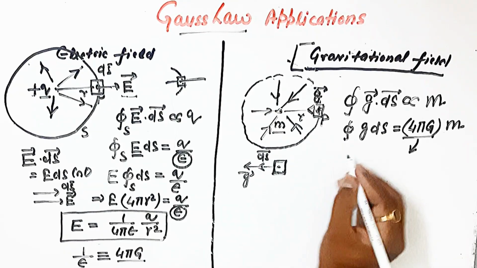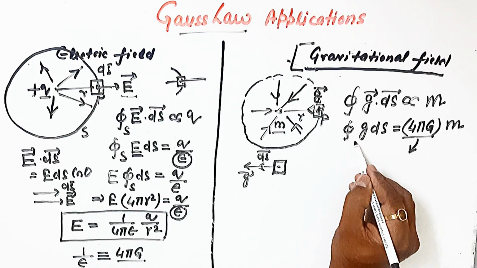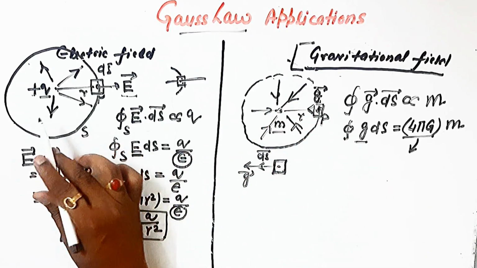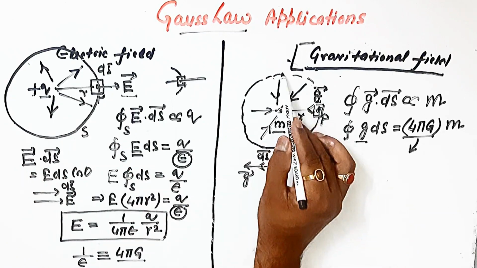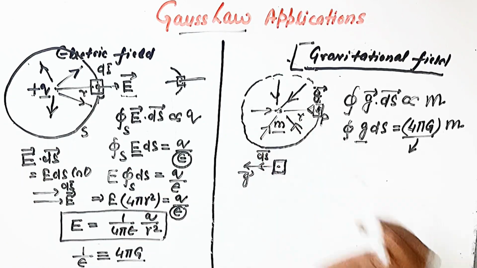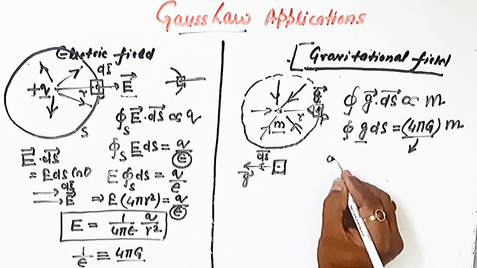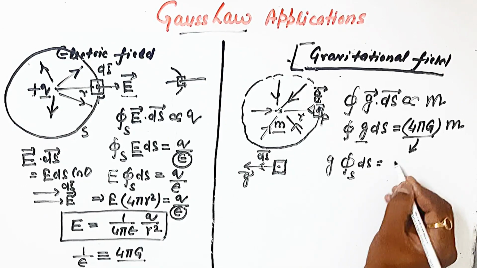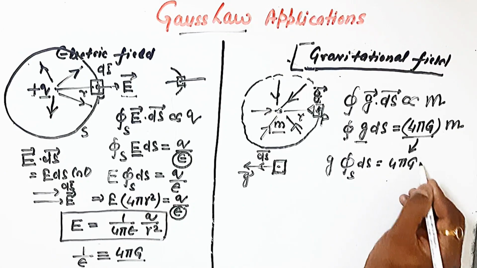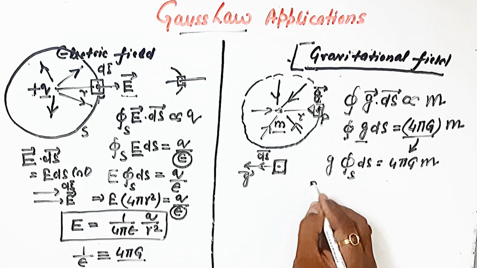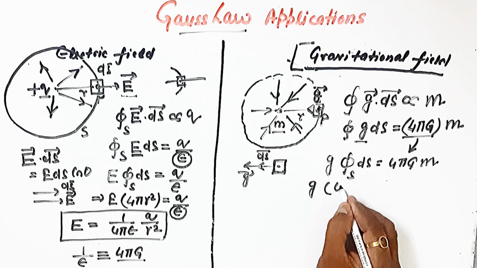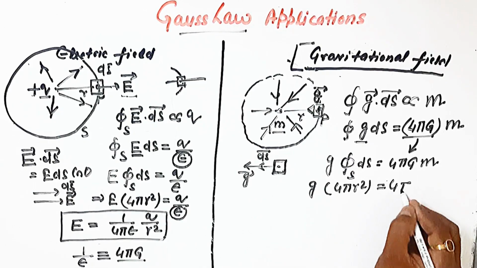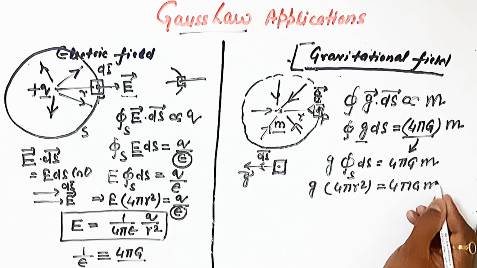So once you proceed, you see this g will be constant all over the surface. In the same fashion, because all points on the surface are equidistant from the mass, g can come outside. So g surface integral ds is equal to 4 pi G M. So g times 4 pi r square is equal to 4 pi G m.